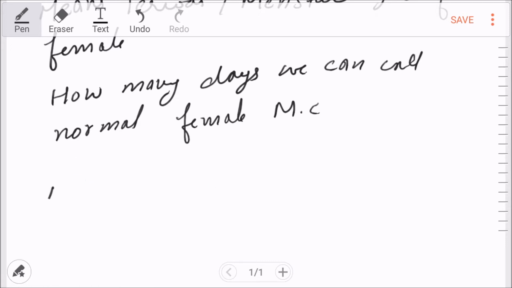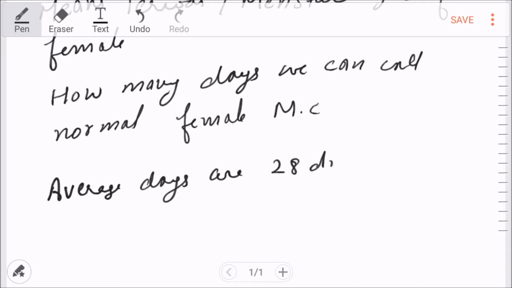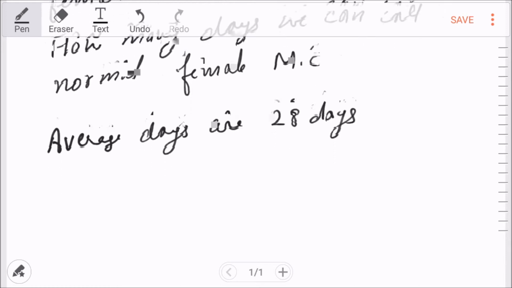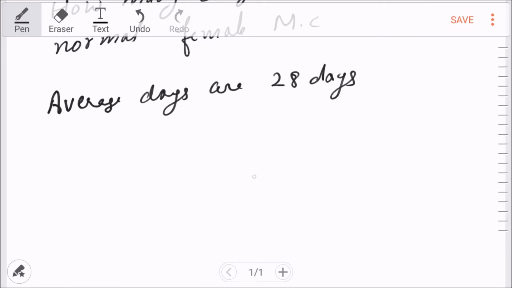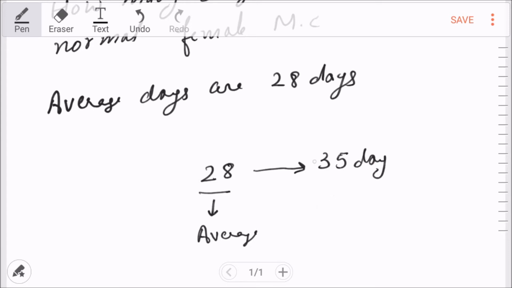Generally speaking, the average days are 28 days, but we can't say that every female should have 28 as an average period. So 28 days average, up to 35 days it is normal, and up to 21 days it is also normal.